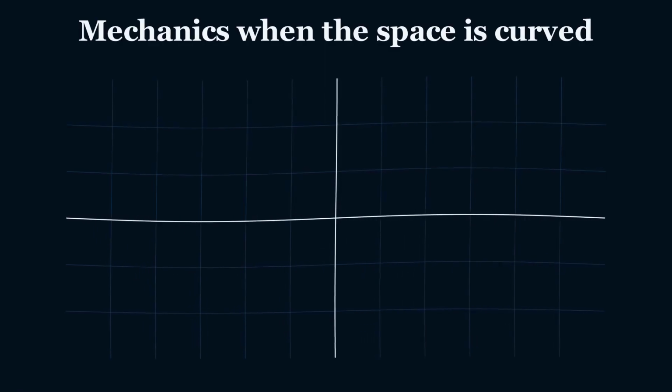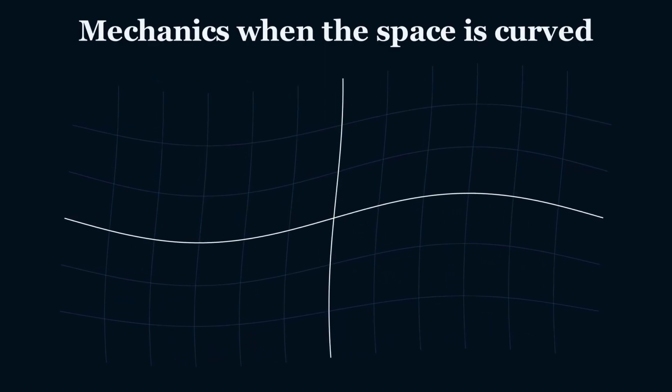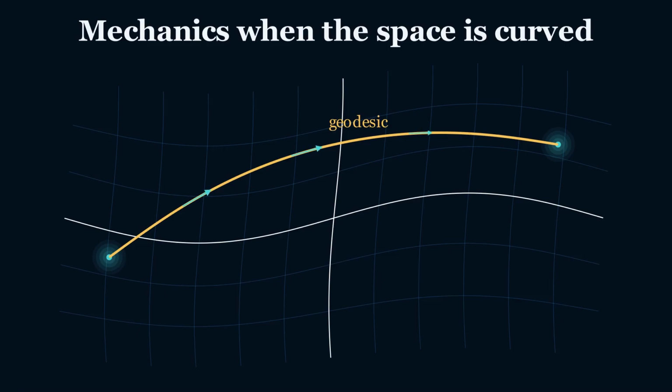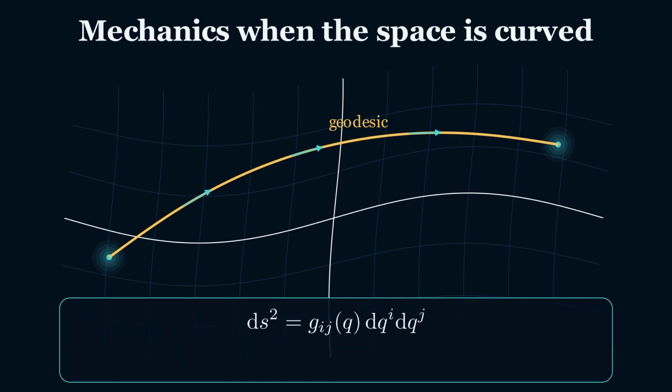The course begins with classical mechanics on a curved configuration manifold. A point of the manifold represents a possible configuration of the system, and the metric determines how an infinitesimal displacement is measured. Once the metric is known, the kinetic energy is no longer simply a sum of squared Cartesian velocities. It becomes a quadratic form constructed from the metric components.